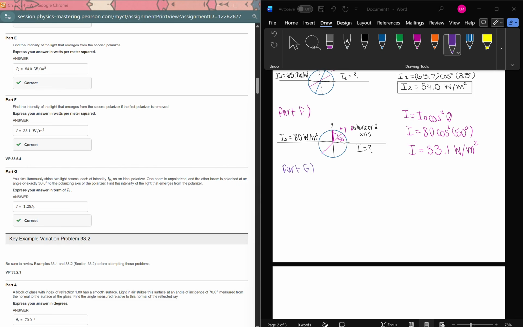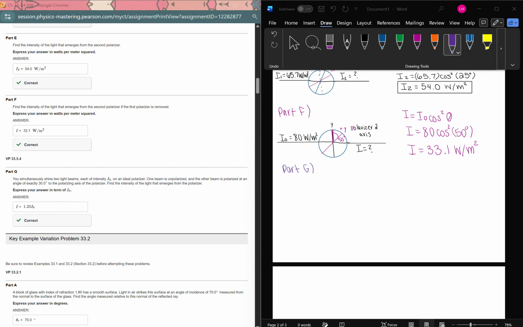One beam is unpolarized and the other beam is polarized at an angle of exactly 30 degrees to the polarizing axis of the polarizer. Find the intensity of the light that emerges from the polarizer. Express your answer in terms of I.